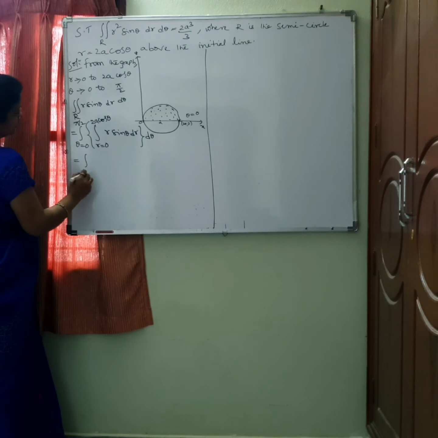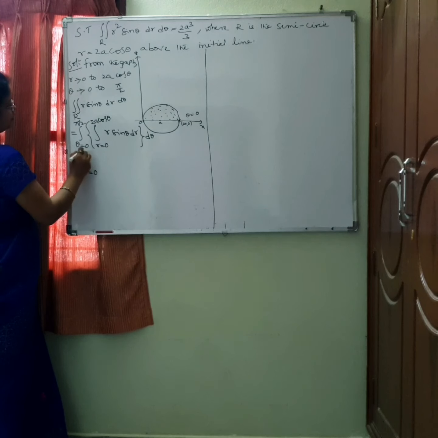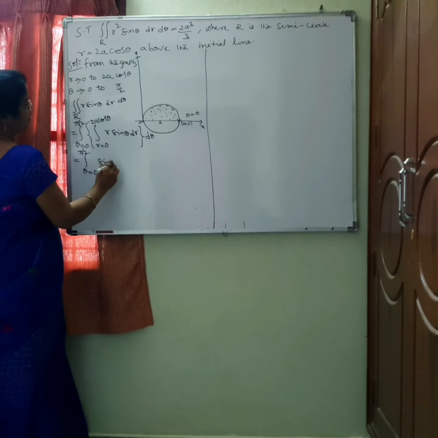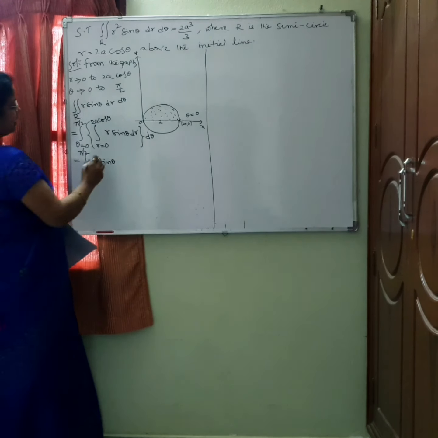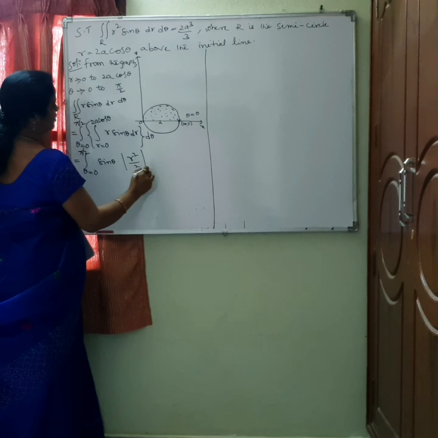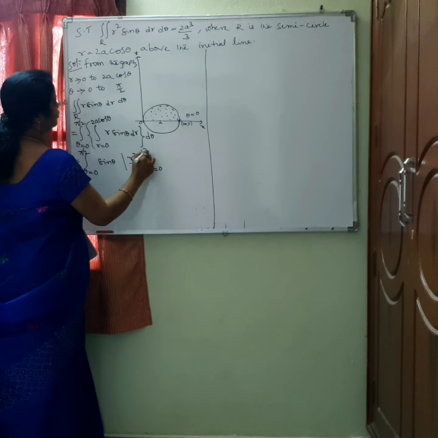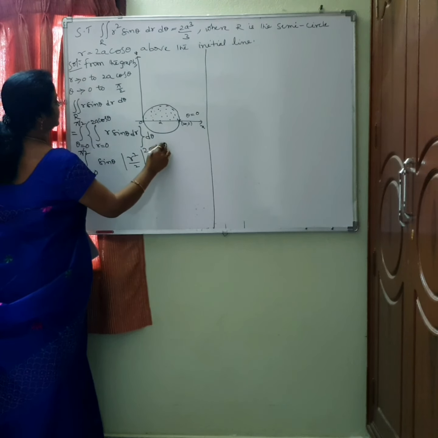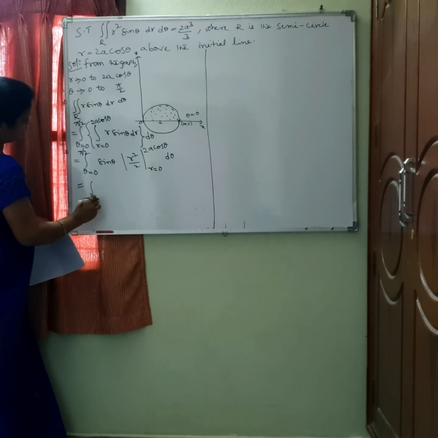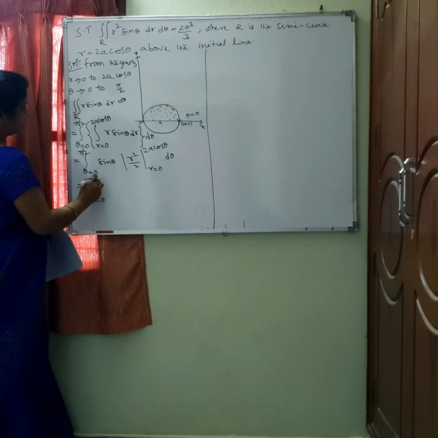Theta is equal to 0 to pi by 2. Inner integration with respect to r, so you can take sin theta outside. Integral of r is r square by 2, r is equal to 0 to 2a cos theta, d theta.